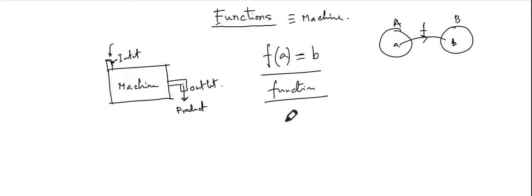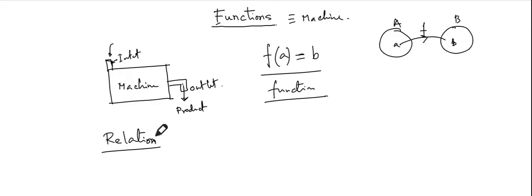What is mathematical in this? The mathematical viewpoint is that a function is a more modified, more specialized form of a relation. Now what was a relation?